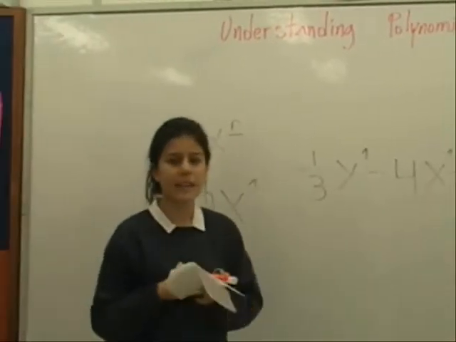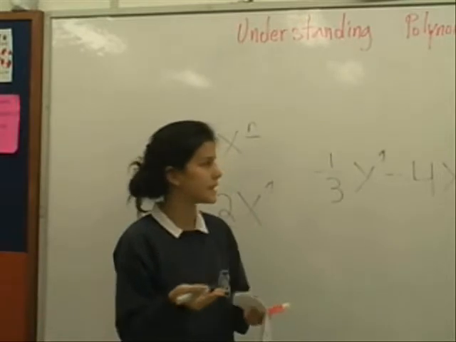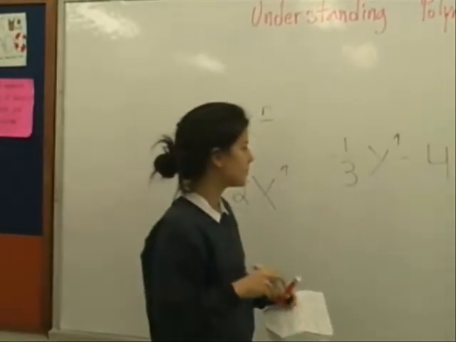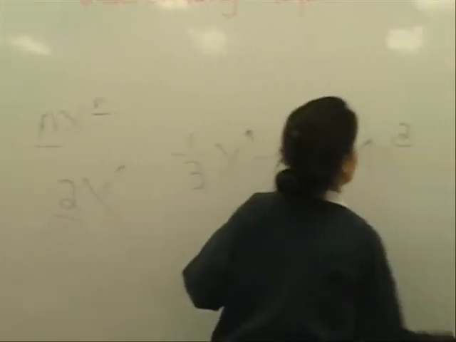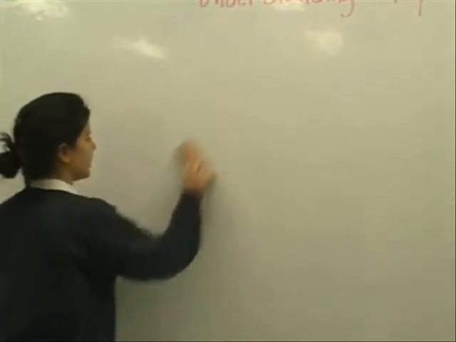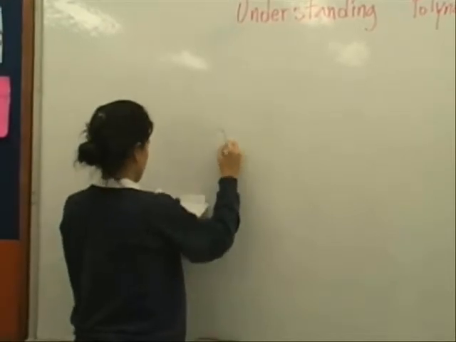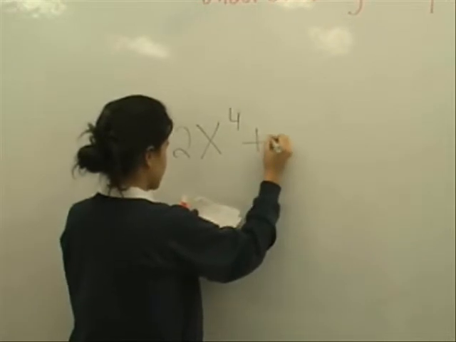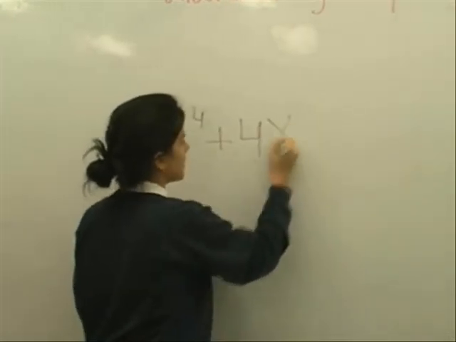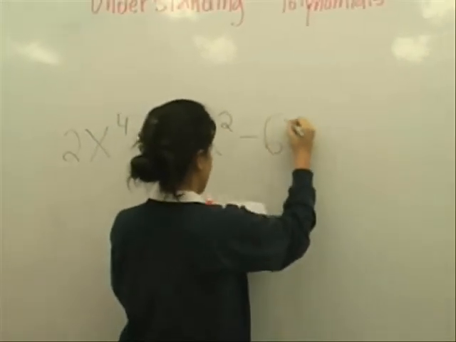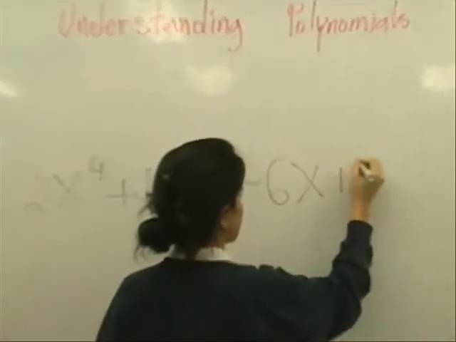Polynomials are written in a descending order of the exponents of the variables. I'm going to show you an example. x to the power of 4 plus 4x squared minus 6x plus 3.